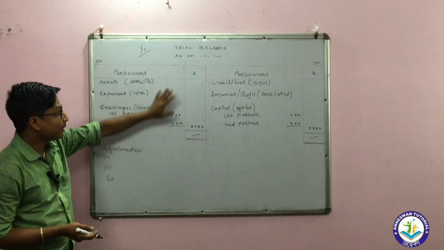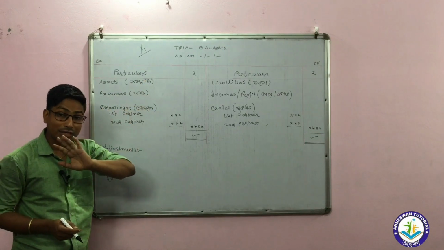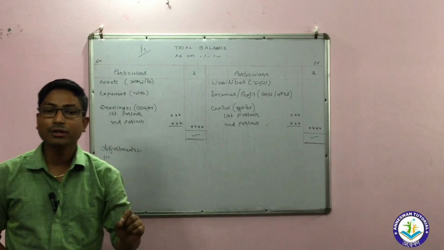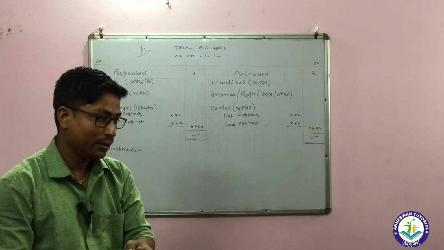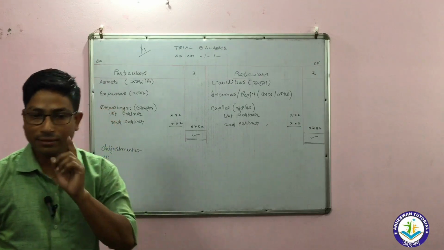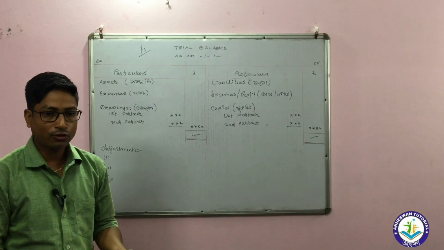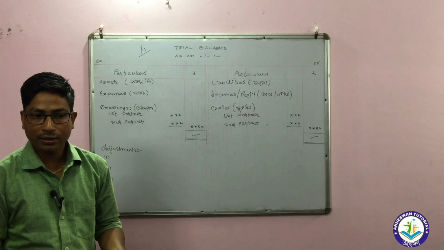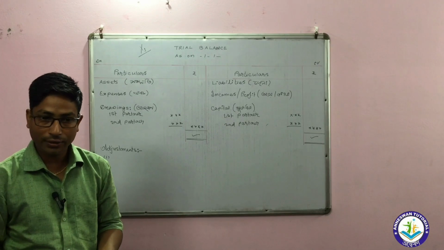Clear? Saying that the item can go to any one of the three statements is actually wrong; you should know it is specific. For example, salary is an expenditure, and as we know the profit and loss account is prepared by taking all the indirect expenditures and indirect incomes, right?